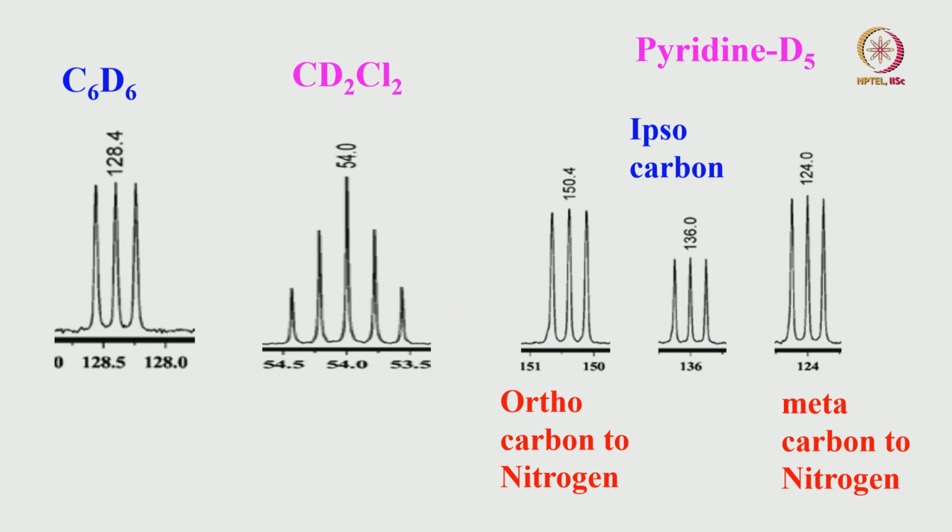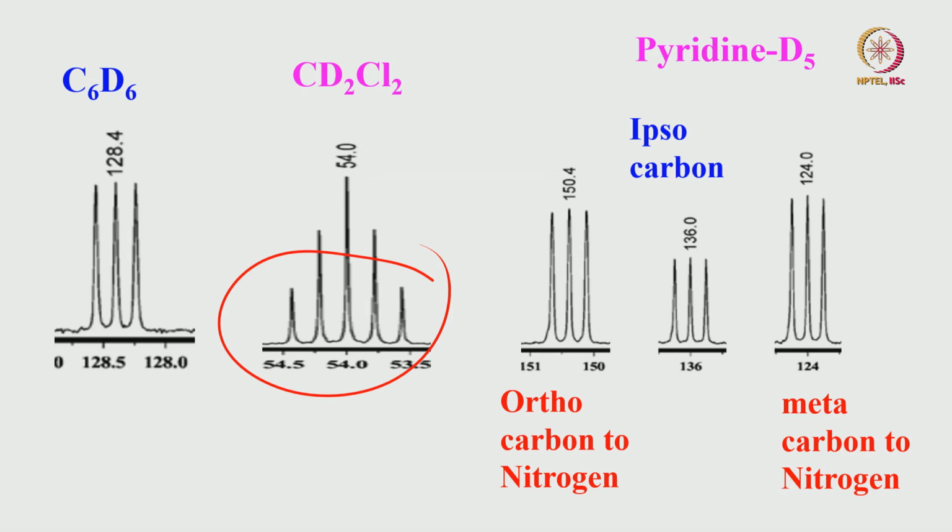C6D6, similar to CDCl3, we get a 3 line pattern because all carbons are equivalent and all deuteriums are equivalent, you get 3 peaks of equal intensity. CD2Cl2, there are 2 deuteriums present, you get only 5 lines, unlike 3 deuteriums where you get 7 lines. Here you get 5 lines of different intensity. We also worked out once, there are 2 deuteriums coupled. Remember when I was working out the CH2D2 molecule in the proton spectrum, when we simulated, we also worked out the intensity pattern.